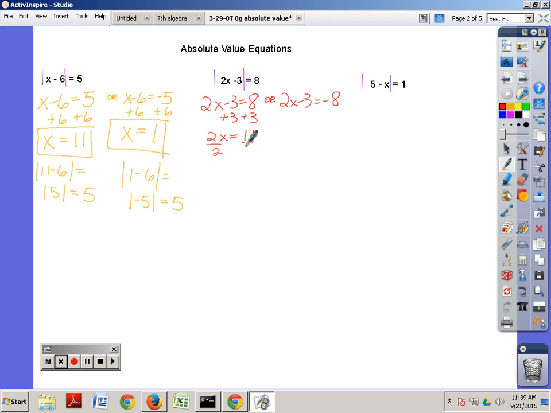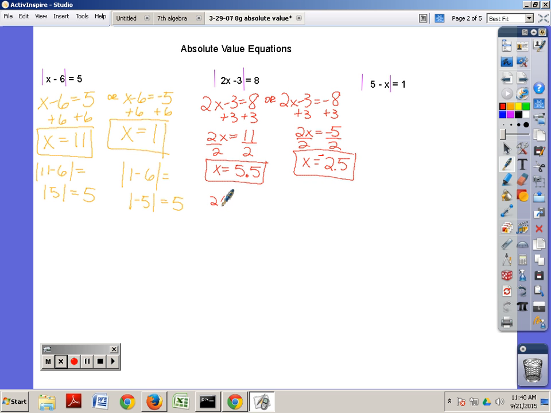Divide by 2, x equals 5.5. There's one of our answers. Our other answer, plus 3 plus 3. We get 2x equals negative 5. Divide by 2. X equals 2.5. Oh, negative 2.5. So let's check those.